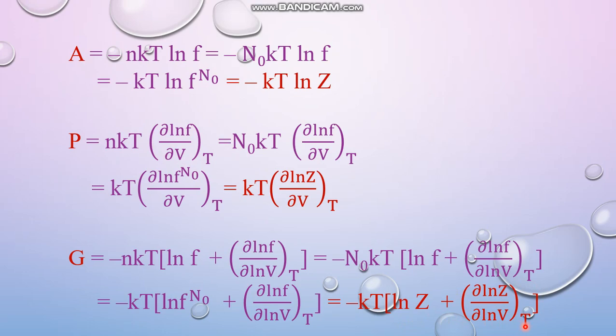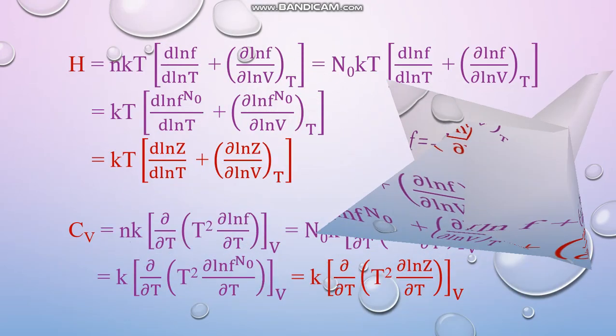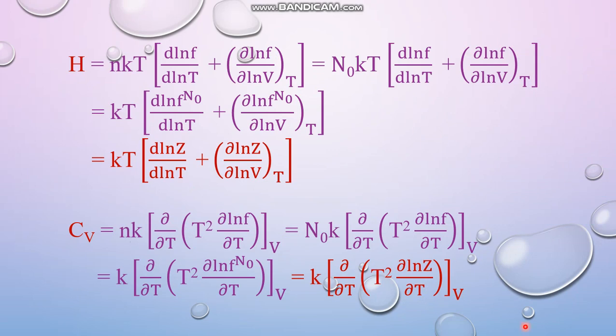In your exam, whatever the term may be, f or Z, you can easily do it according to the requirement of the question. If it is given in terms of the partition function, then use the terms in f, or if it is given as the molar partition function, then use Z. Very simple.